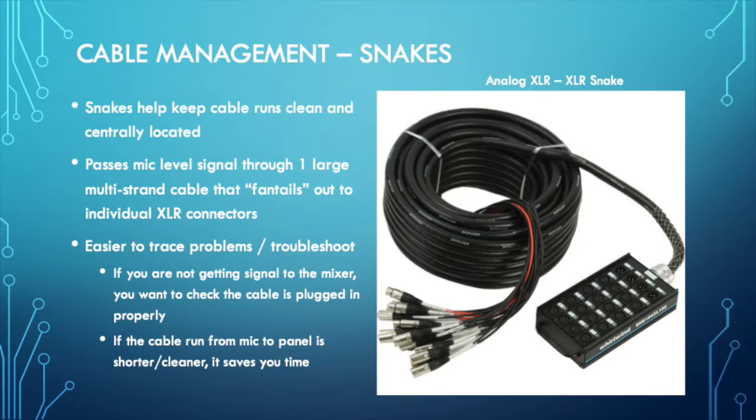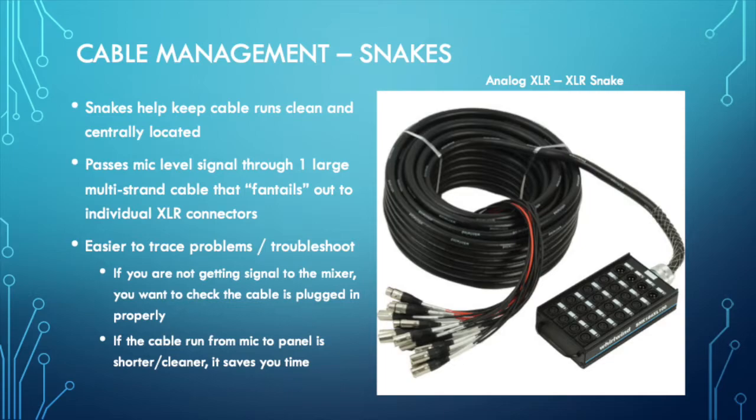Sometimes you'll hear the term stage box. Those technically are two different things, and we can talk about the differences between those maybe another time. But you can see here on this image, basically a snake is a box that you'll set somewhere on stage, kind of a central location, where all your microphones will plug into this box.